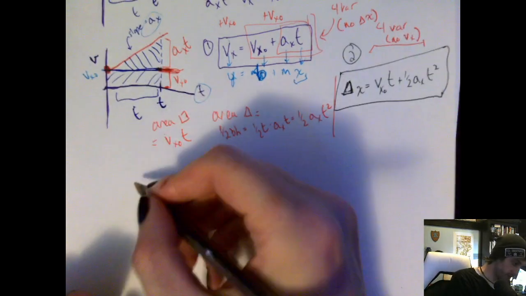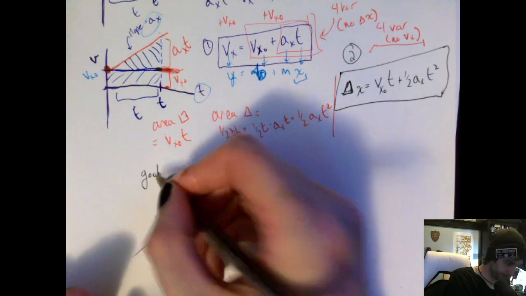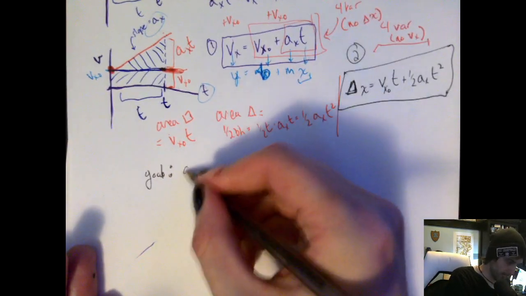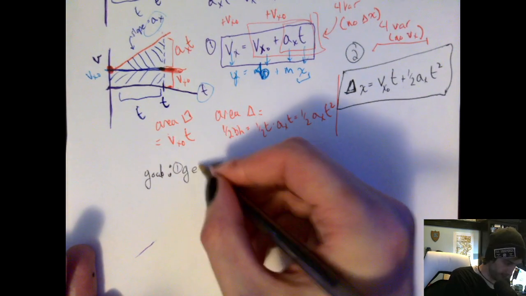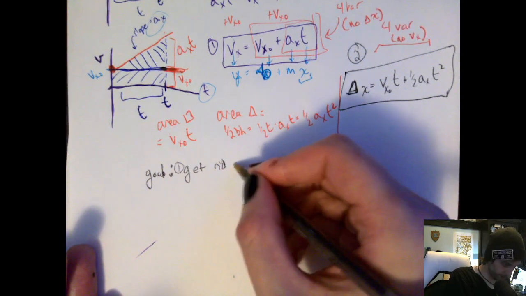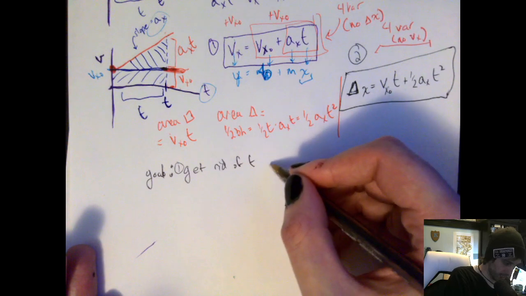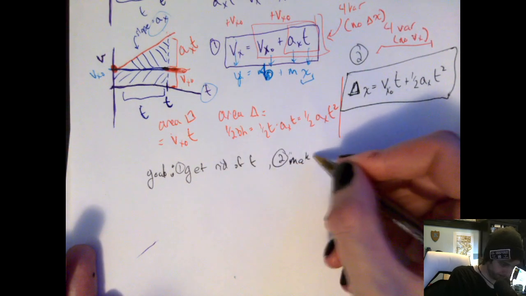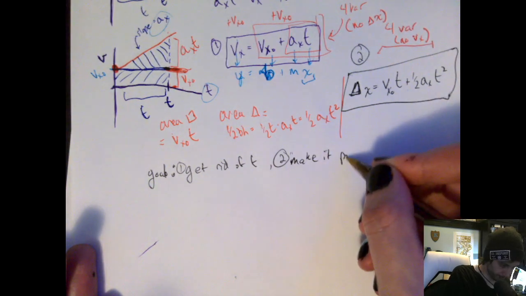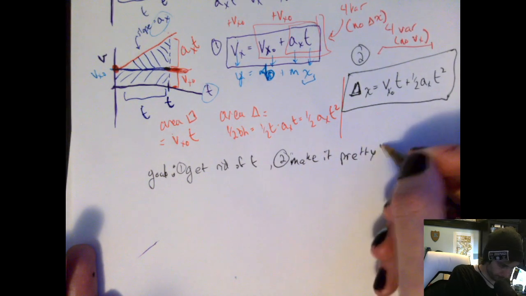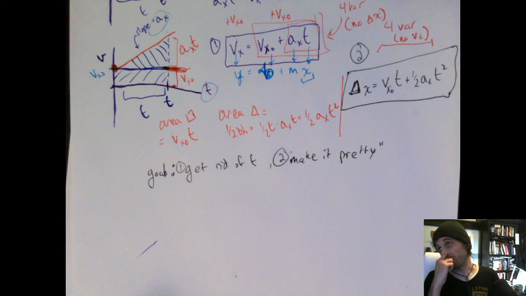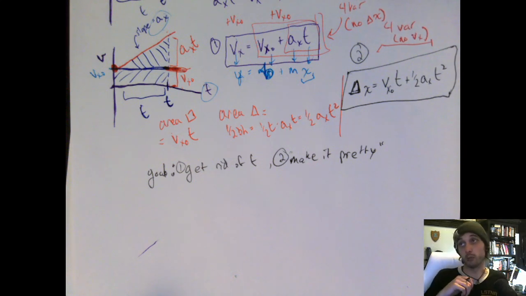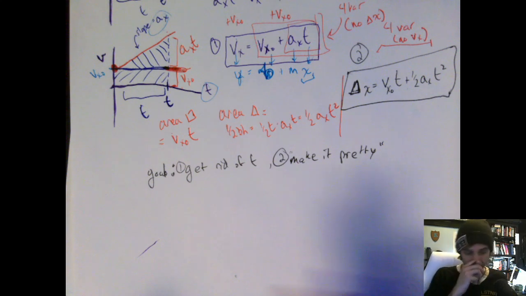My goal, as of right now, is to, 1, get rid of time, and then 2, make it pretty. This second step is going to involve some kind of fancy stuff. The first step will not. Yep, that's the plan.